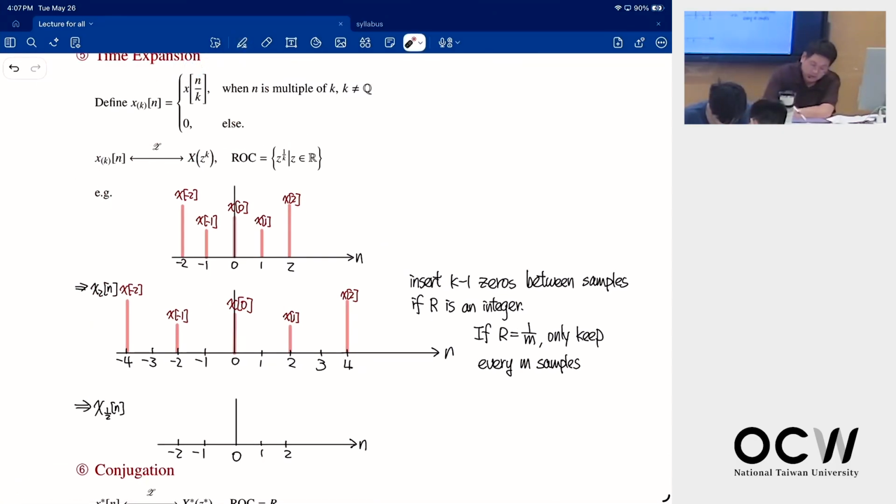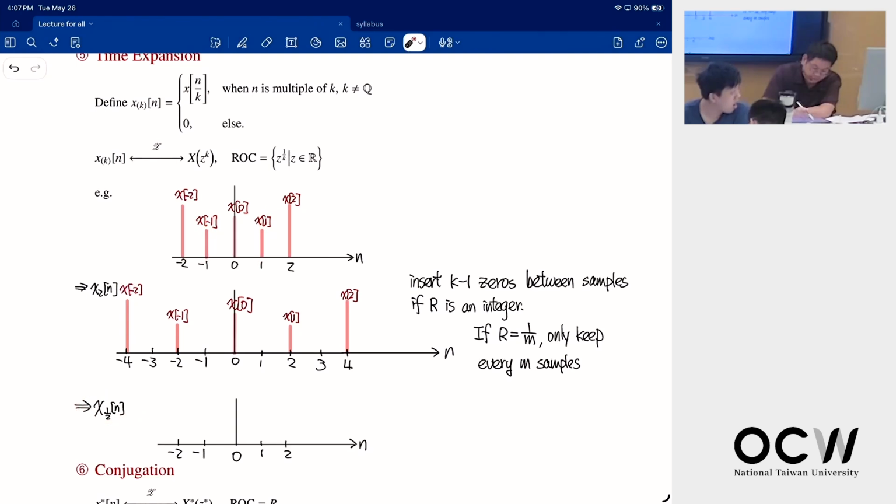So this is 2, and I insert 1 zero in between. But if it is like 1 over 2, we compress. If we compress, then we don't have these two values.